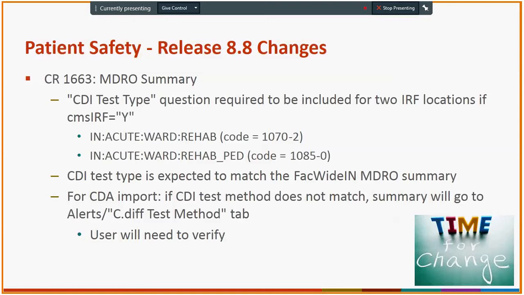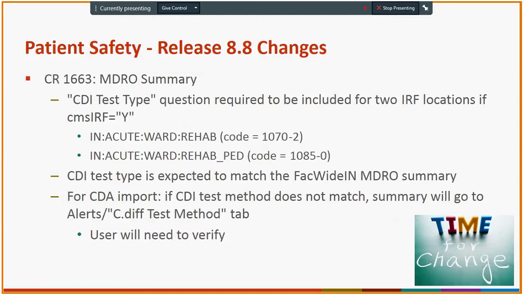CR 1663 pertains to the MDRO summary. The C. difficile test method will be required for 2 inpatient rehab locations if the CMS IRF equals yes. The location codes are rehab and rehab pediatrics. The CDA test type is expected to match the FACWIDE-N MDRO summary.